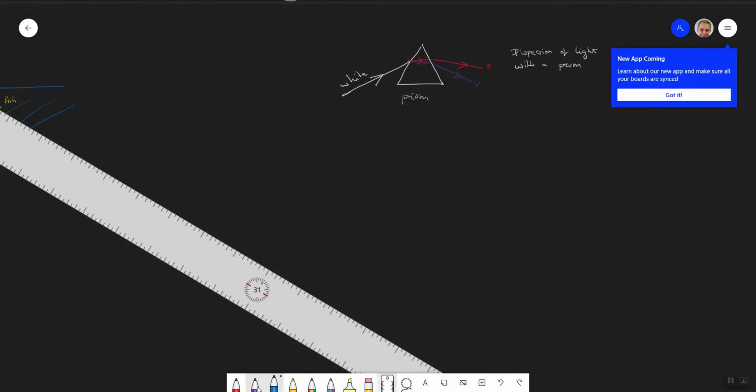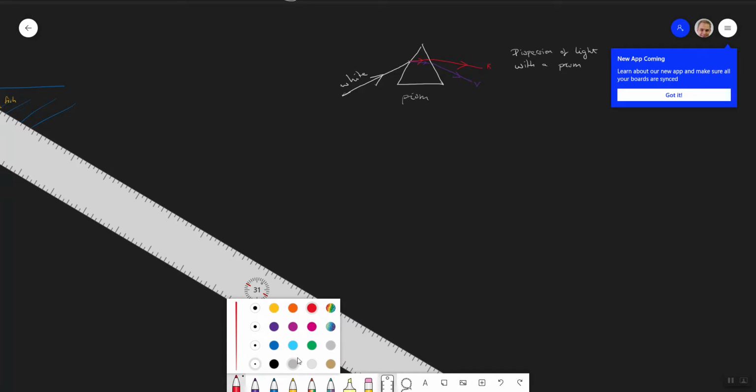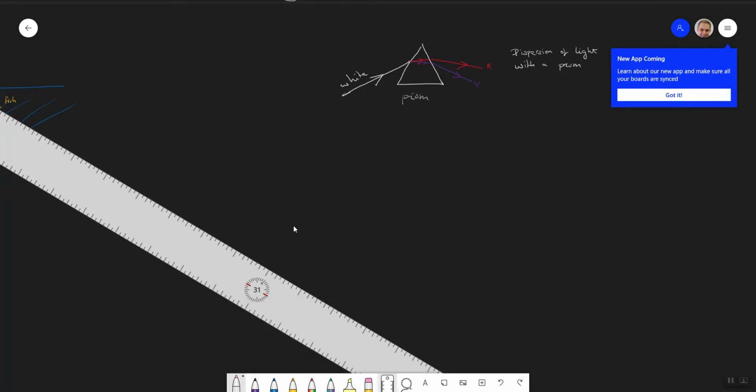And so when we want to mimic vision, we use the three primary colors of light.